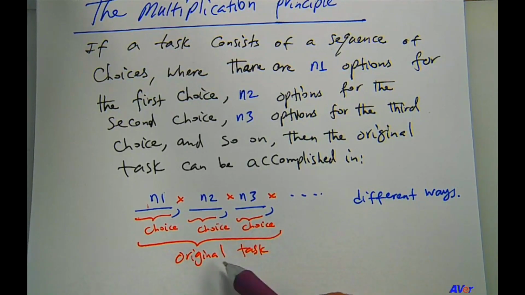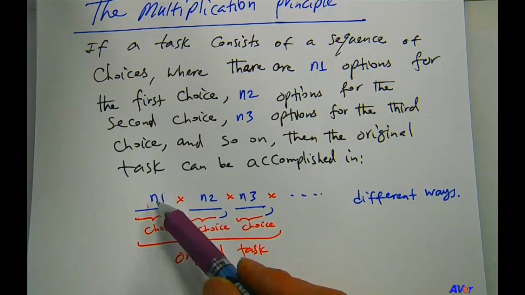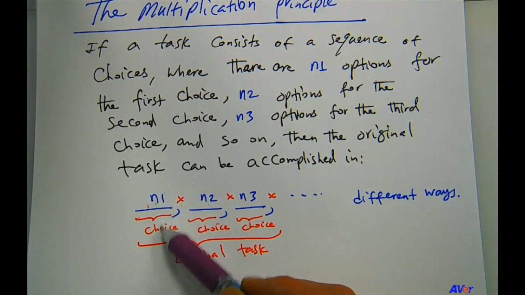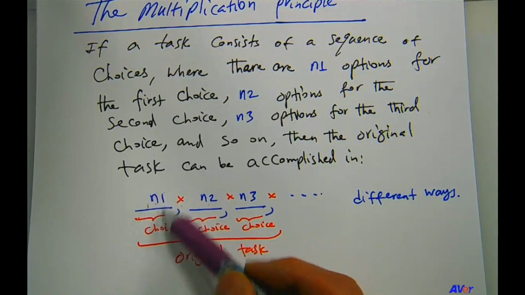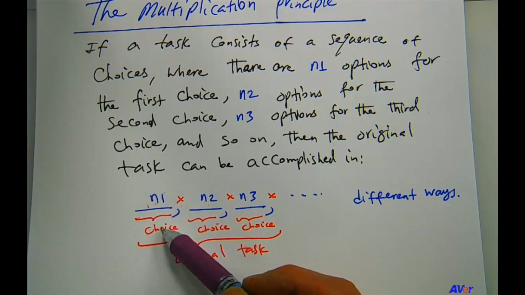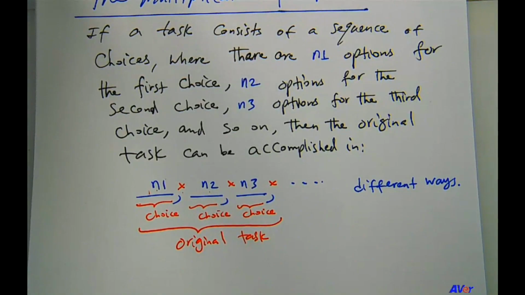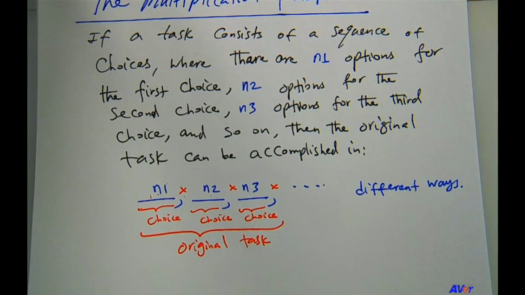So in how many ways can we achieve the original task? By taking the product of these individual options we have for accomplishing each choice. So different options of accomplishing each choice. Okay, so this is just a rough description of what the multiplication principle is. Like I say, it's everywhere in probability calculation.